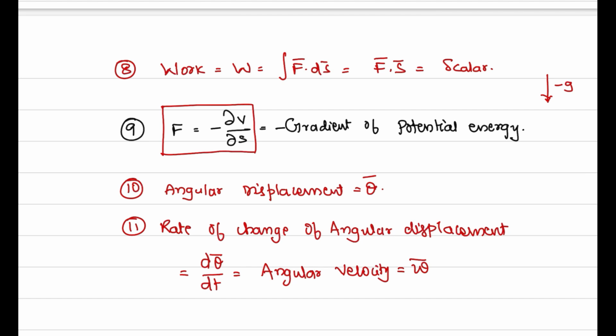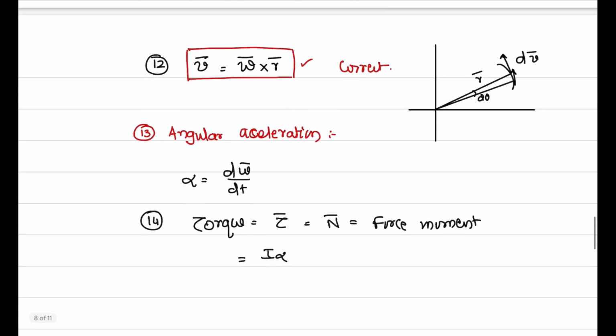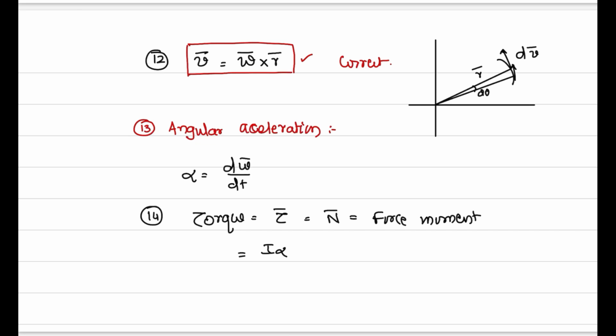Hence it is minus dou V by dou s. Angular displacement is theta, rate of change of angular displacement is angular velocity omega, v is equal to omega cross r, and angular acceleration alpha is equal to d omega by dt. Torque N is equal to force moment is equal to I alpha.